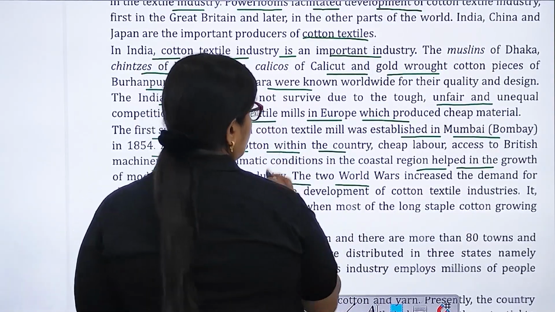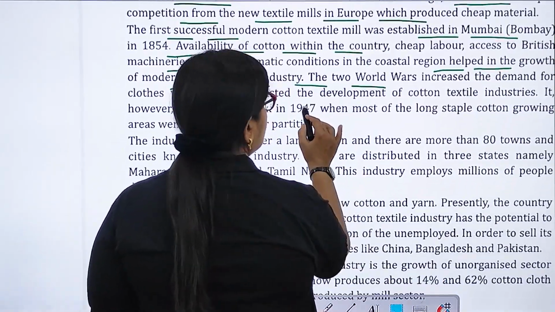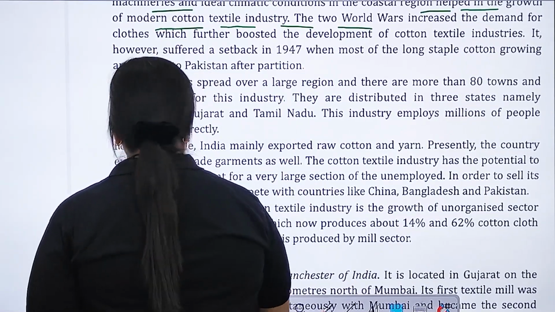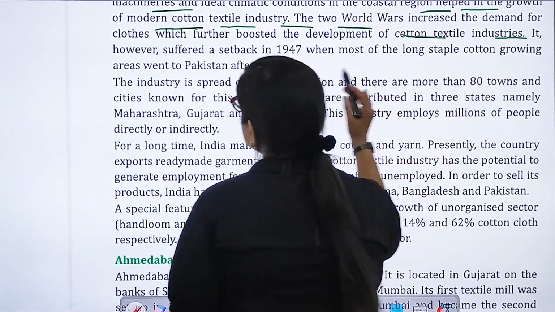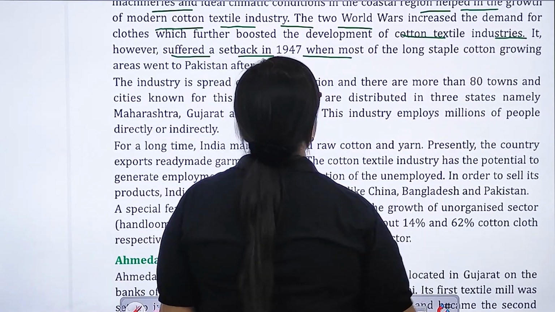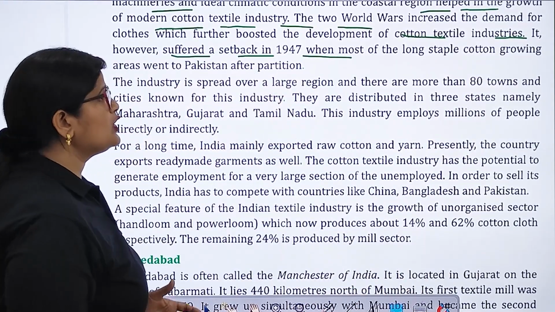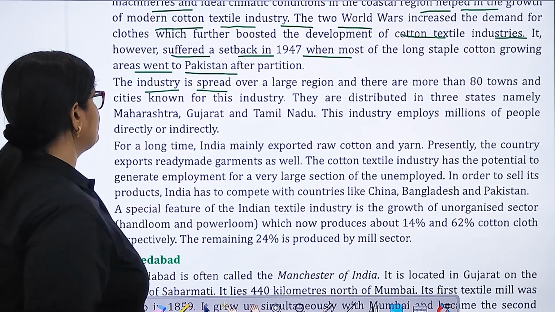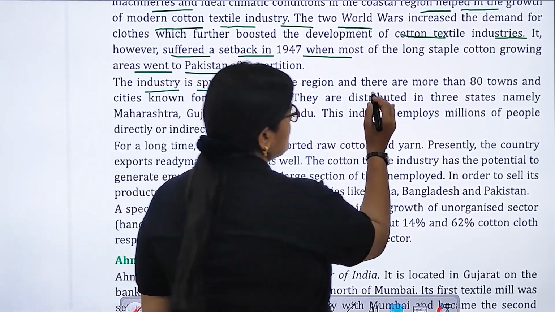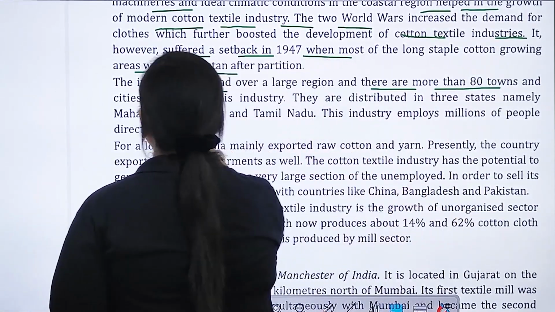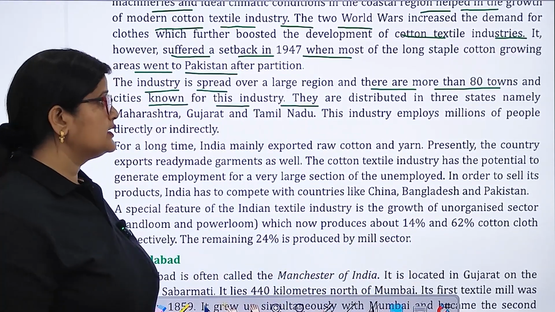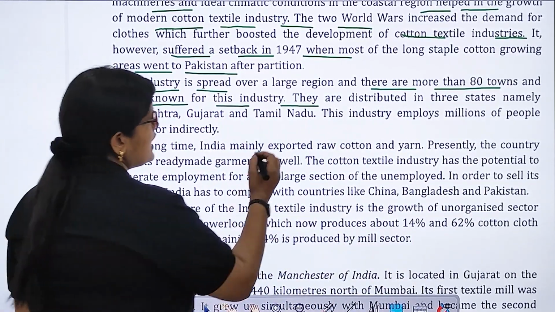The two world wars increased the demand for clothes, which further boosted its development. However, it suffered a setback in 1947 when most of the long staple cotton growing areas went to Pakistan after partition. The industry spread over a large region and there are more than 80 towns and cities known for this industry, distributed in three states, namely Maharashtra, Gujarat and Tamil Nadu.